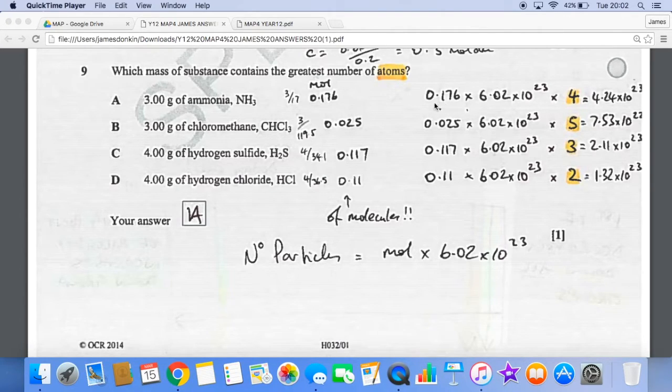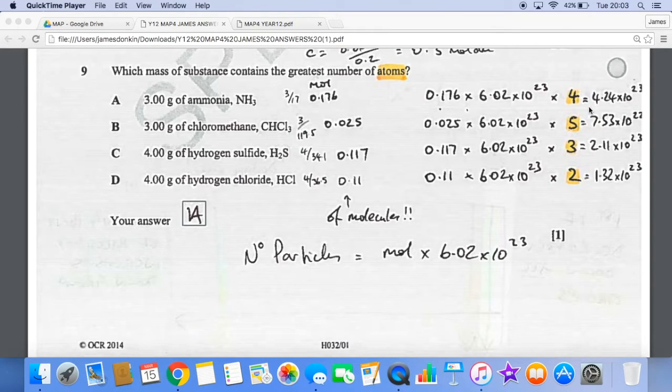So if we've got 0.176 moles of ammonia, we'd have 0.176 times Avogadro's number of ammonia molecules multiplied by 4, so we've got that many atoms.